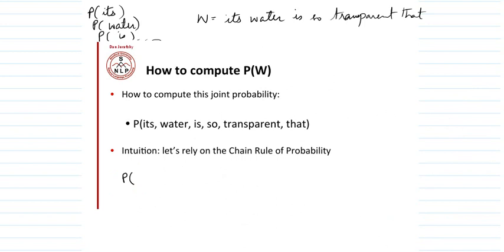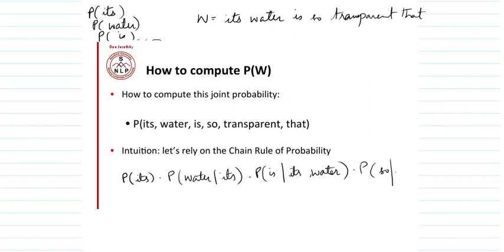So P of its dot P of water given its, then I again choose a new one, P of is given its comma water, then again I choose a new one, P of so given its water is, and so on in this way.